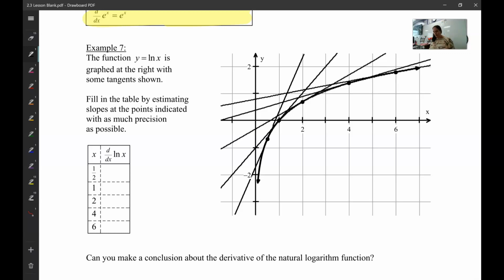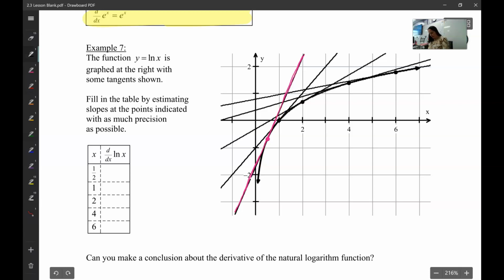So once again, we're going to do some estimating. So we're going to start right here. So x equals 1/2, so that's this point, 1/2. And they already have the slope line drawn for us. And we need to estimate what is the slope of that line. Okay, well, let's see. If I start here, then I would end 1.